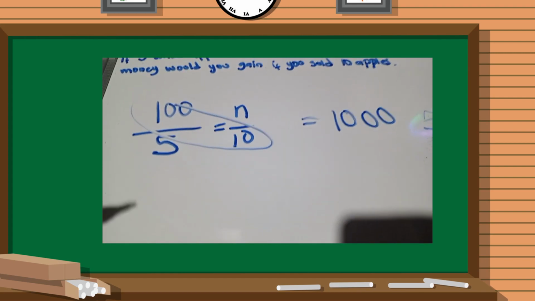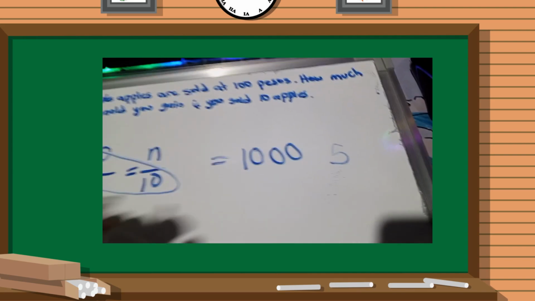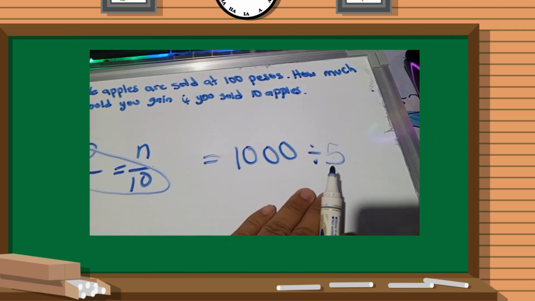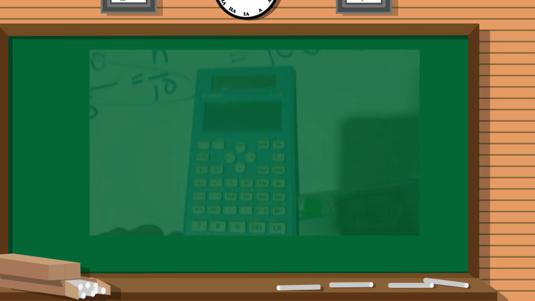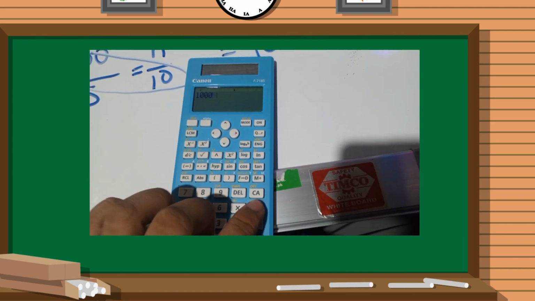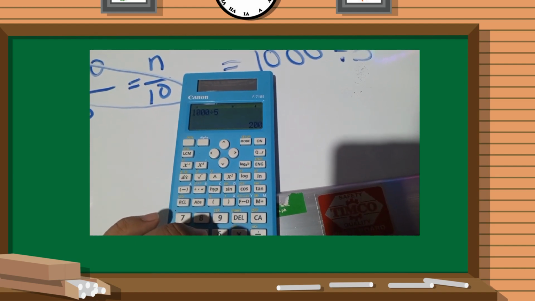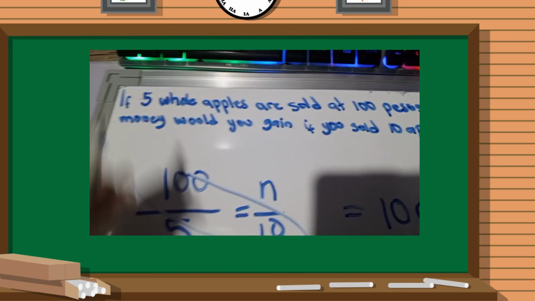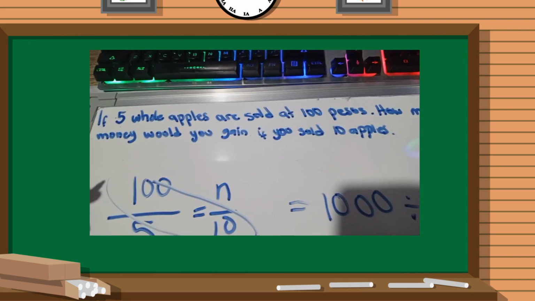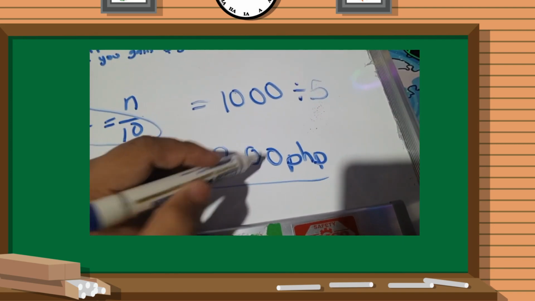Now we should divide both sides to find the answer. 1000 divided by 5 is equal to 200. So the answer to the question, if 5 whole apples are sold at 100 pesos, how much would you gain if you sold 10 apples? The answer is 200 pesos.